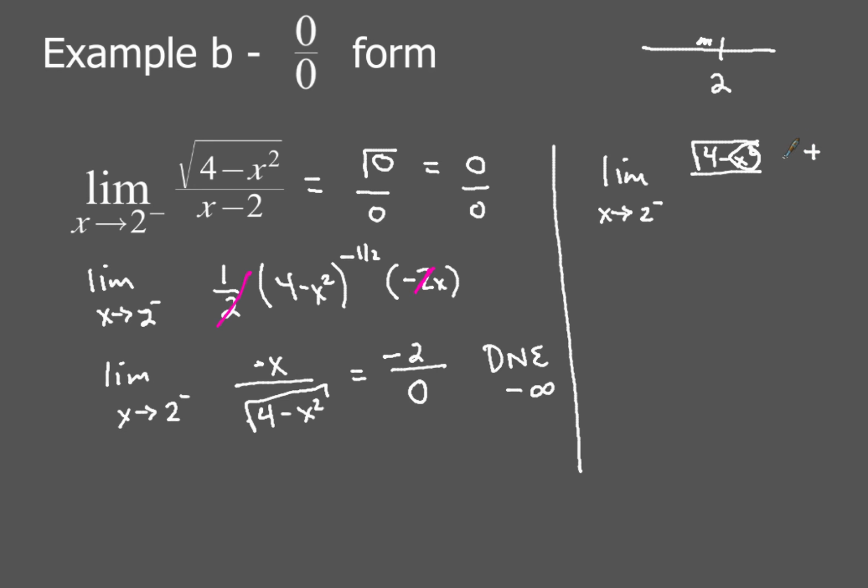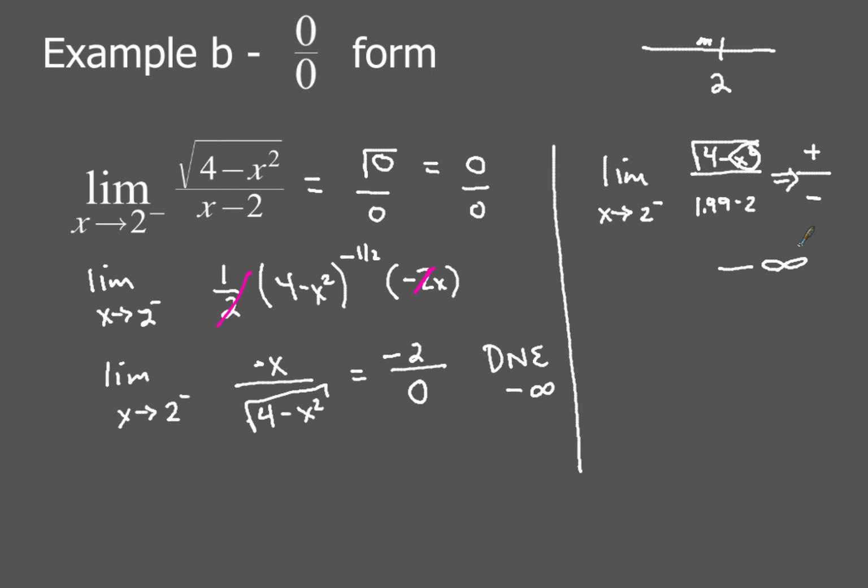But if I put in that 1.99 on the bottom, 1.99 minus 2, I'm going to end up with a negative number. A positive divided by a negative implies that my answer is going to be negative, which, of course, will be negative infinity in this case.